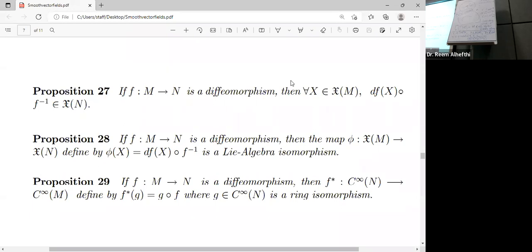That is, that map preserves the Lie algebraic structures and behaves well with the Lie algebraic structures of X(M) and X(N). Is that clear? That is, the bracket is also respected and other operations are respected.